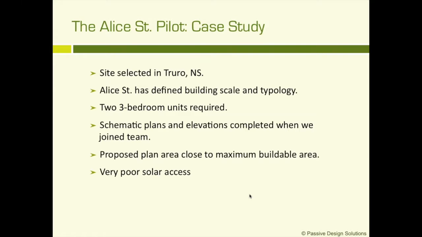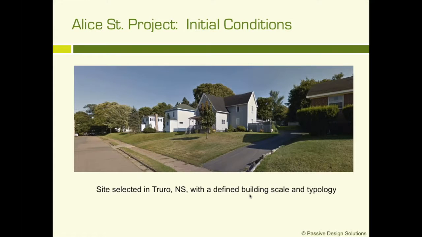It was a 3-bedroom duplex, and the schematics and elevations were already completed when we joined the team. The proposed plan was very close to the maximum buildable area of the lot, and the lot had extremely poor solar access. So this is the streetscape. This is the house that was torn down. It was only about 30 years old, but it was all moldy, and a perfect example of why not to build the old way.